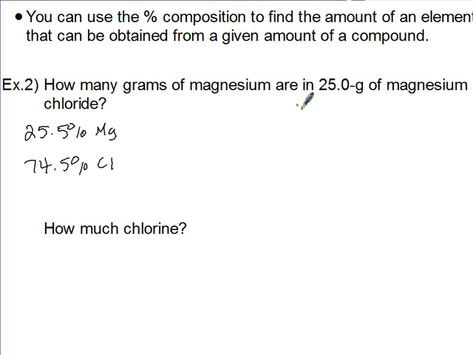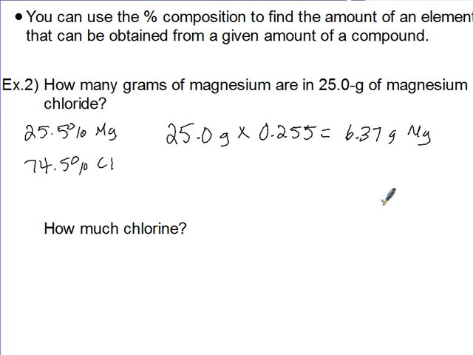All right, so if we have 25 grams of magnesium chloride, if we take that 25.0 grams and multiply by that percentage as a decimal, so as a decimal, 25.5% is 0.255, we would get the amount of magnesium in that 25 grams, and that is going to be 6.37 grams of magnesium.